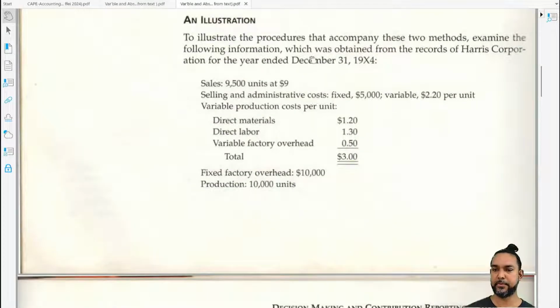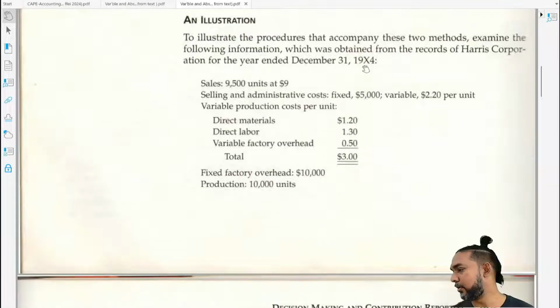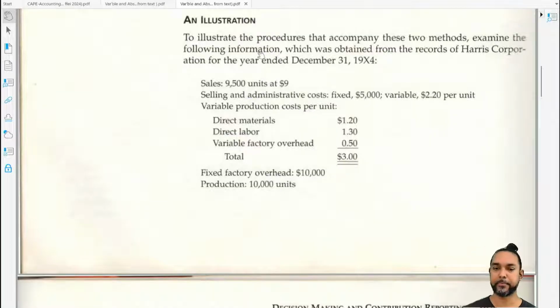So we have the records obtained from Harris for the year ended 19x4. So I know some of you are like, 19, boy, what's going on there? Hey, Gerald, thanks very much. Right, so we have sales, 9,500 units at $9 each. We have selling and admin costs: 5,000 fixed, and variable 220 per unit. We have variable production cost per unit: direct materials 120, direct labor 130, and factory overhead 50 cents.